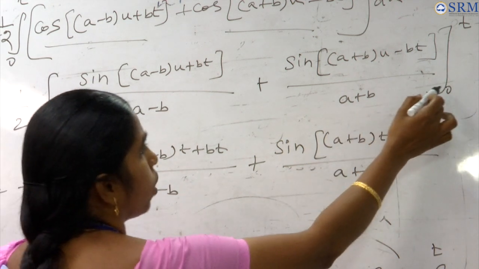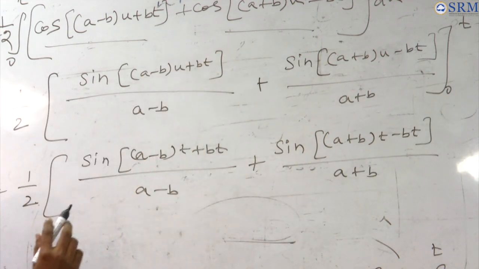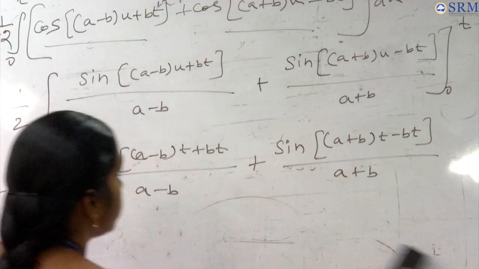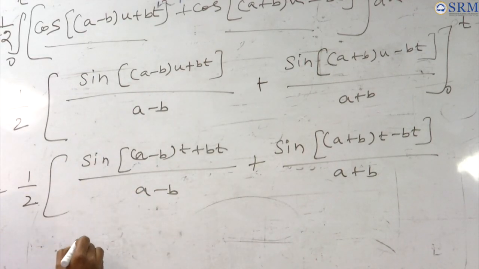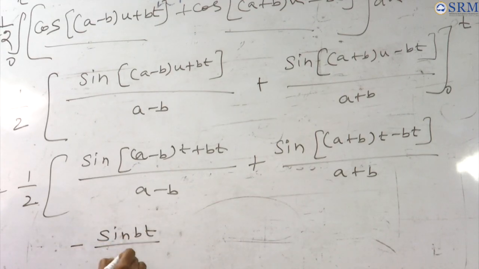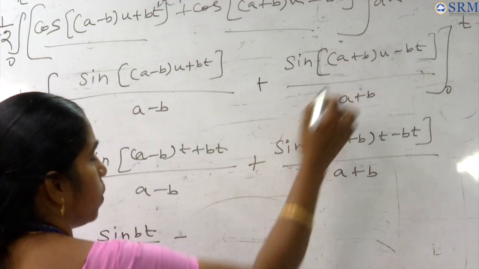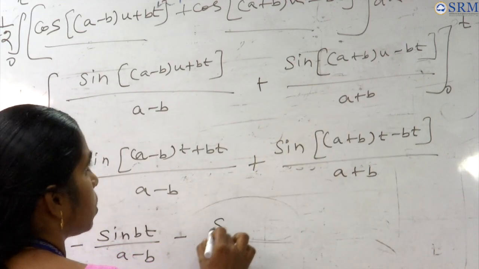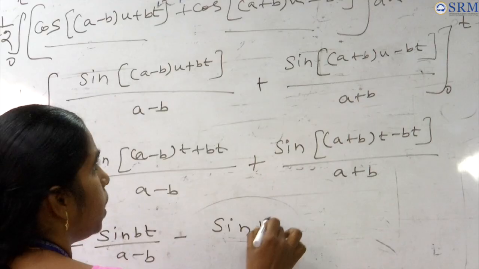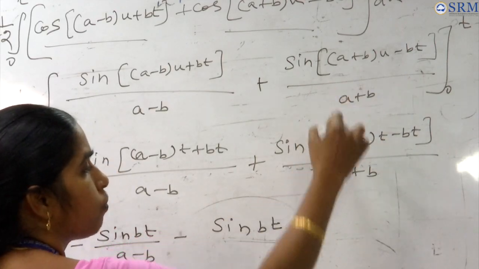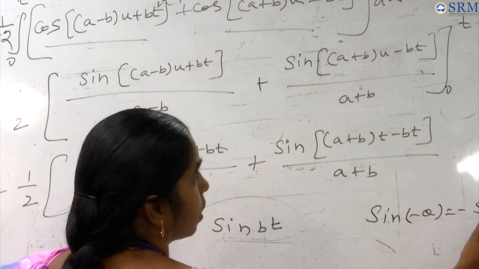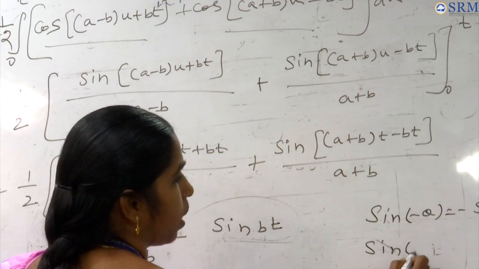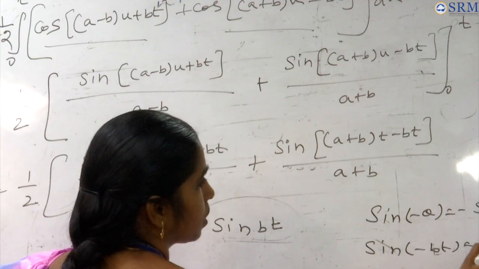So next is the lower limit, u replaced by 0. The u term is 0, plus one more term: that is bt. Minus of the lower limit is minus. So sin bt divided by a minus b, minus sin(minus bt). Sin of minus theta is minus sin theta, so sin(minus bt) is minus sin bt.